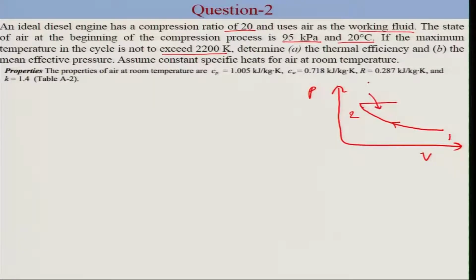Okay, so heat will be going in at constant pressure. Now from state 3 it will expand isentropically to state 4, and finally it will reject heat at constant volume. Okay, so this is the complete diesel cycle.